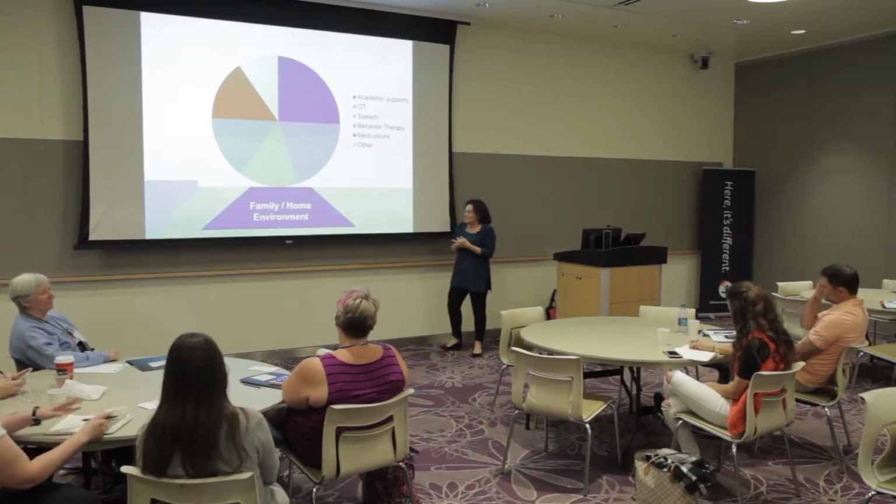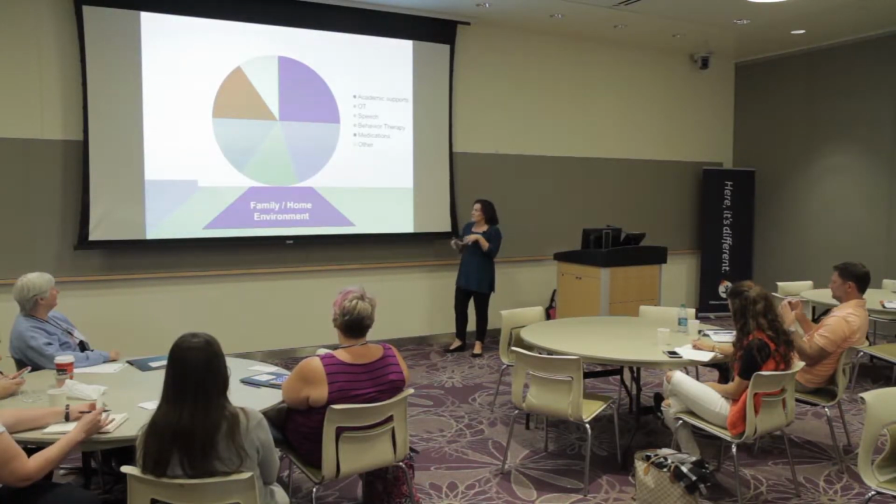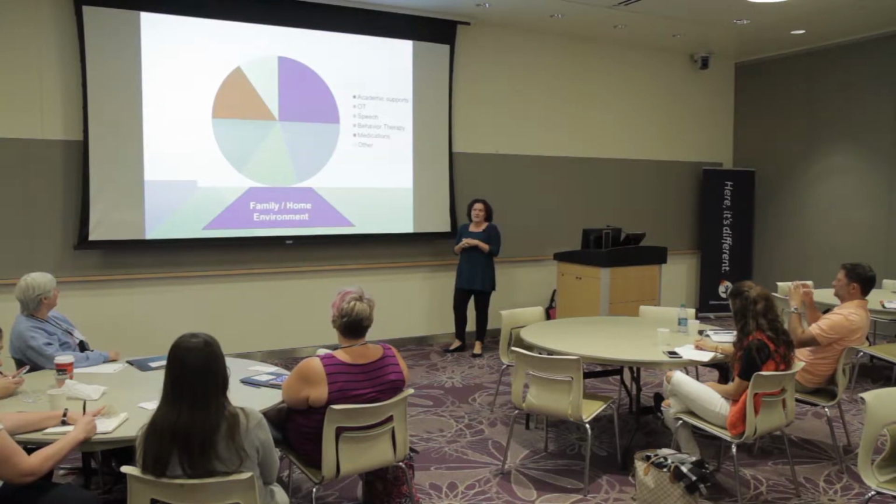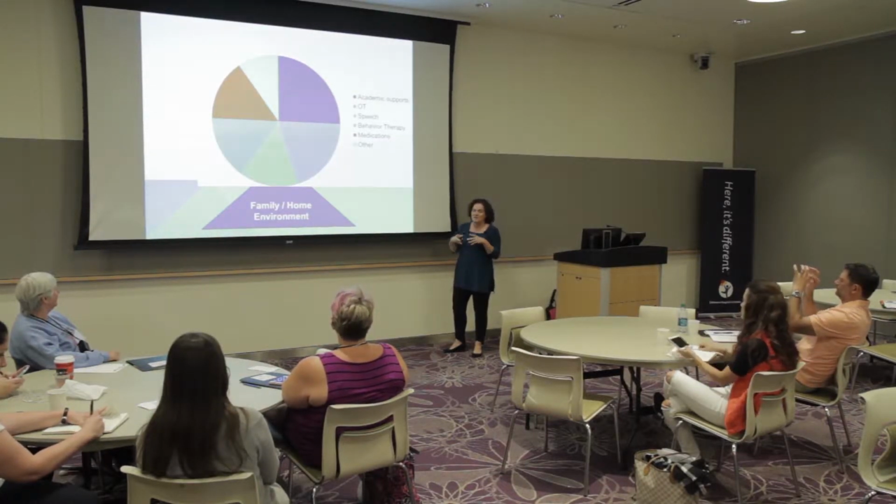Sometimes we see that the developmental, behavioral, and academic challenges that come with taking care of a child with an X and Y variation lead to a lot of stress at home. Addressing the stress at home, helping yourself be comfortable with how you're going to manage your anxiety or your own challenges, and keeping the environment safe and calm for the siblings and the rest of the family is going to make this pie work more consistently.